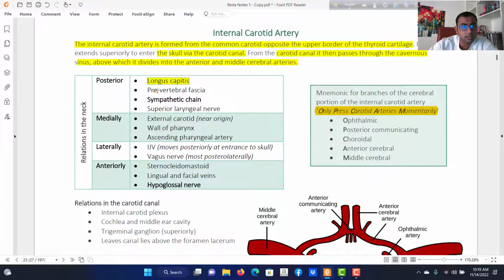Posteriorly are longus capitis and the prevertebral fascia, and this is very important: the sympathetic chain actually lies posterior.